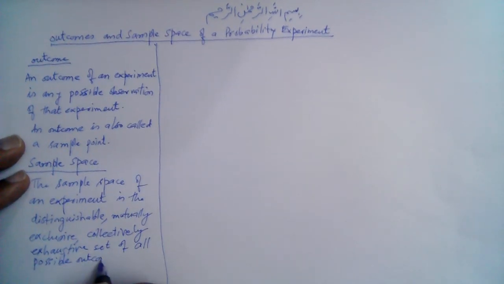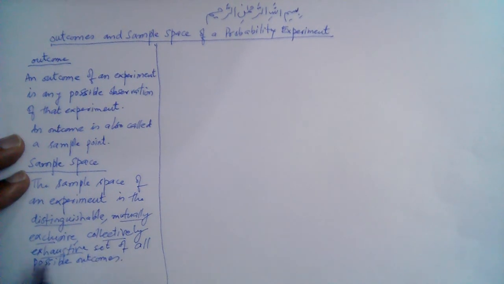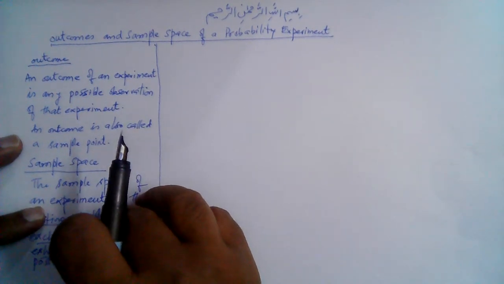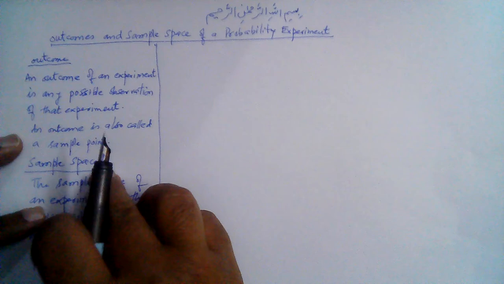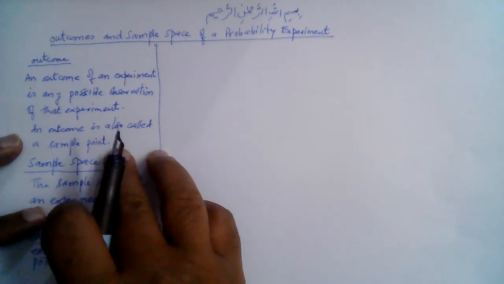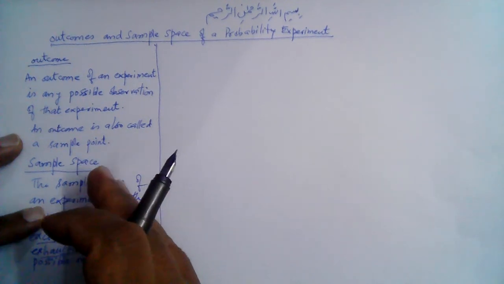So you note it is a set of all possible outcomes, and these outcomes are distinguishable, mutually exclusive, and collectively exhaustive. So an outcome is a sample point, right? This is a sample space, and each element is an outcome of that experiment, and that outcome is also called a sample point of that experiment.